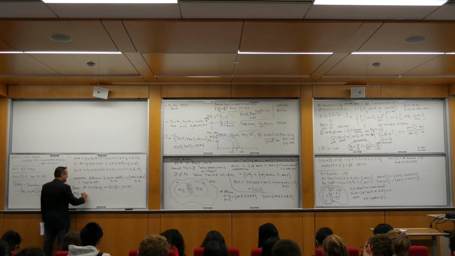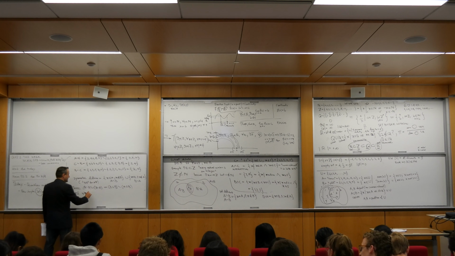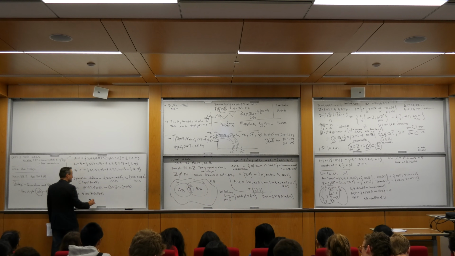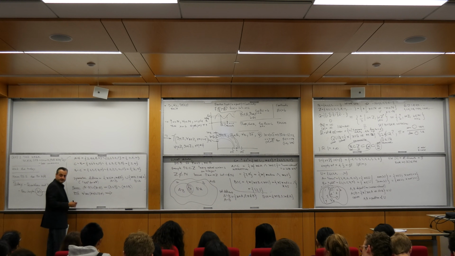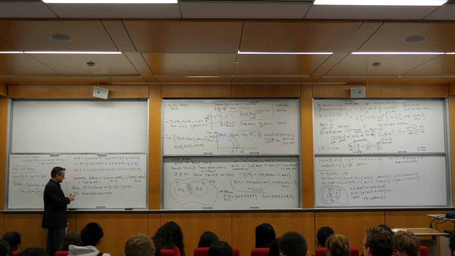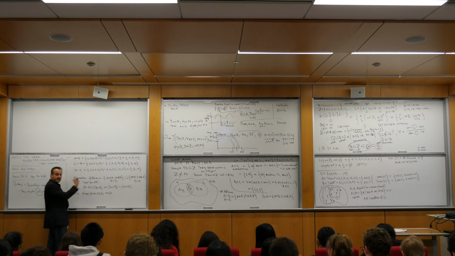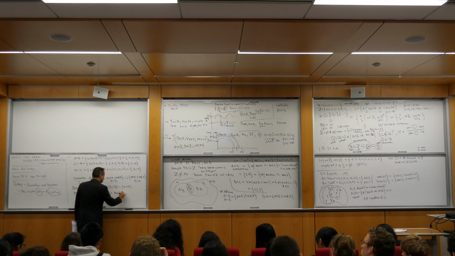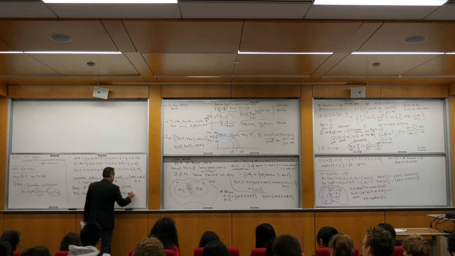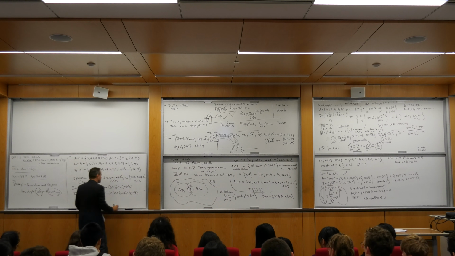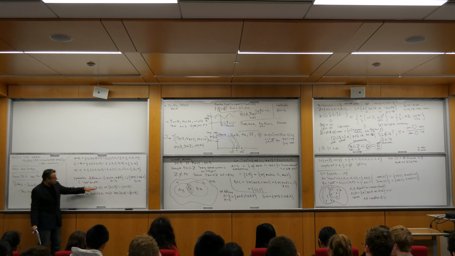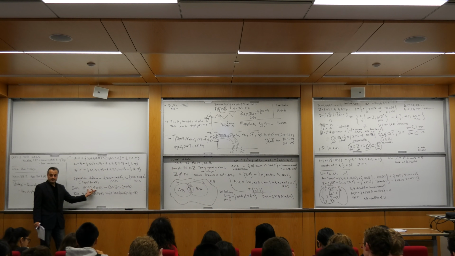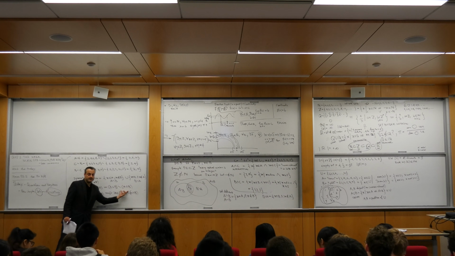One part will be any element that's in the left side, A minus B union B minus A, implies what? That element has to be on the other side. So that's the fact that saying this is a subset of that. Every element in here must be an element in here.